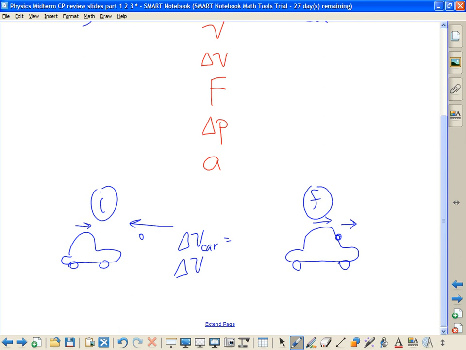Do delta V for the snowball. And you're ready to compare those if necessary. Delta V for the car is the difference between this and this. Delta V for the snowball is the difference between this and this.